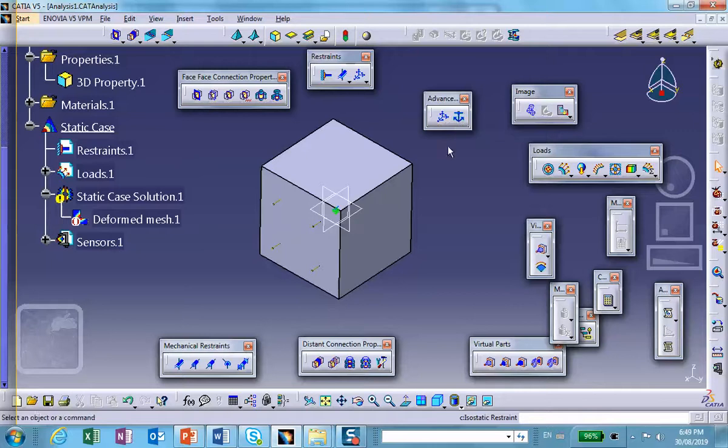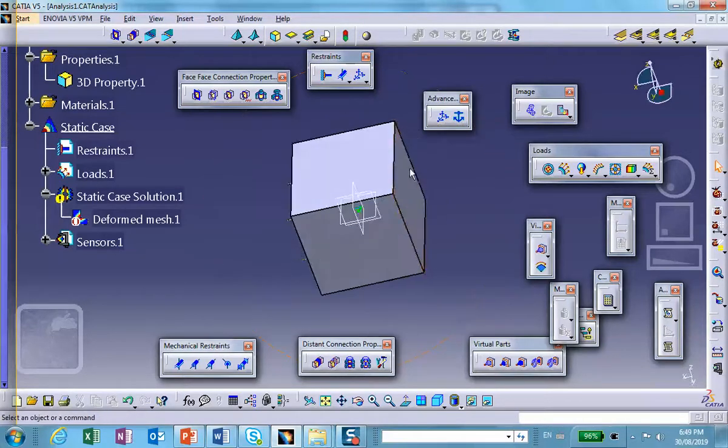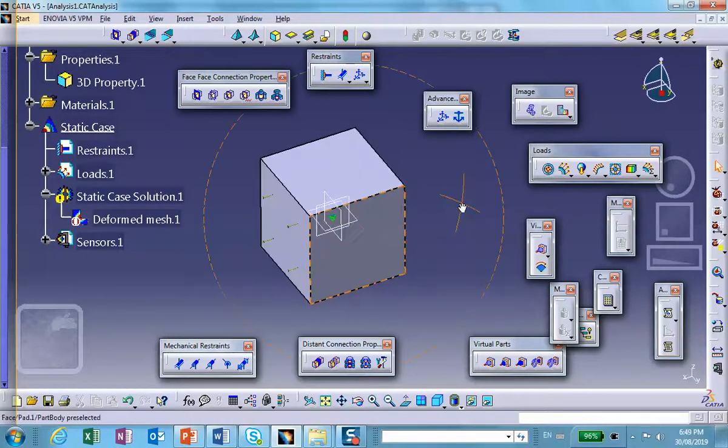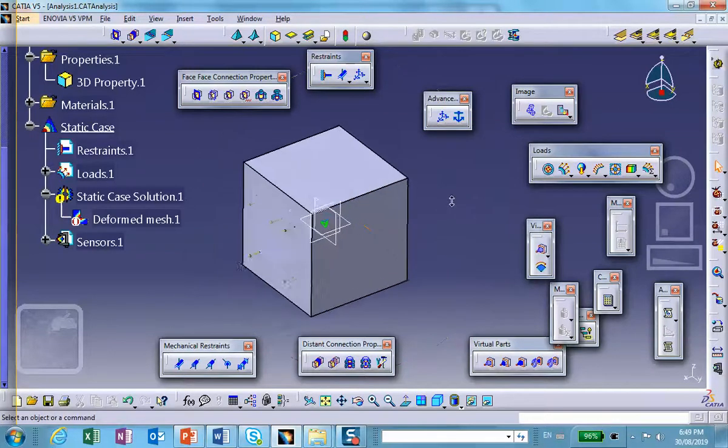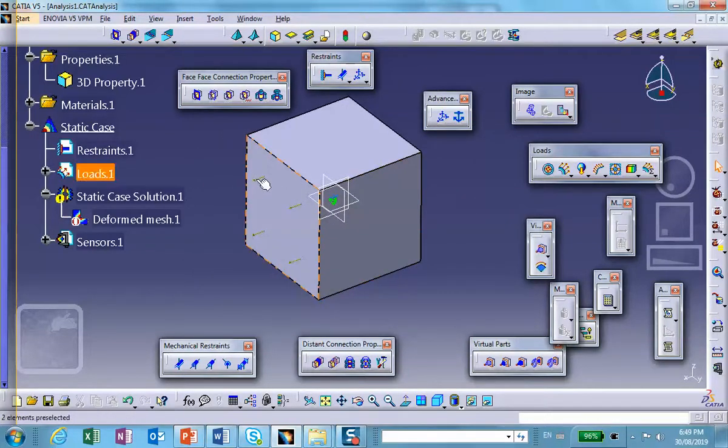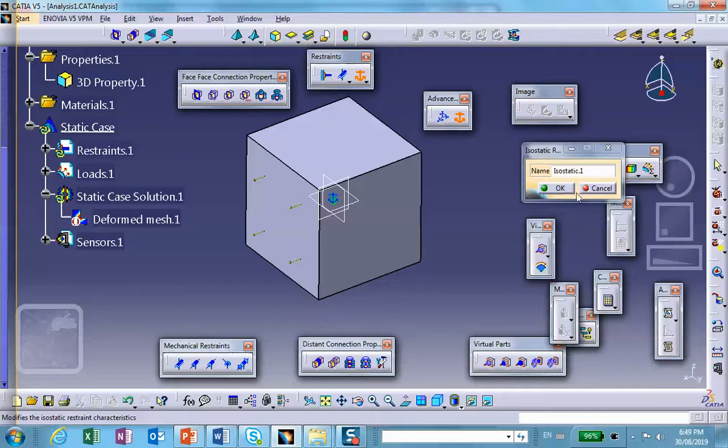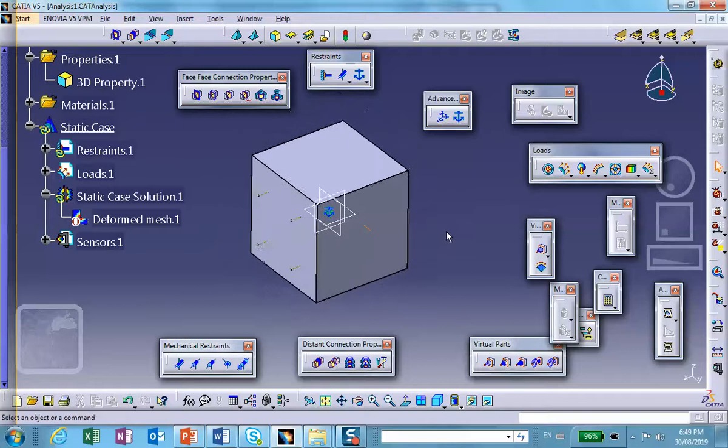For example, if incidentally I had a pressure on this face with the same magnitude in the opposite direction, this is self-equilibrating, but here there is no self-equilibration. So let's try the isostatic. What I want to show you is that it will work, it will run, but the question is, what does it mean? So let's run it.